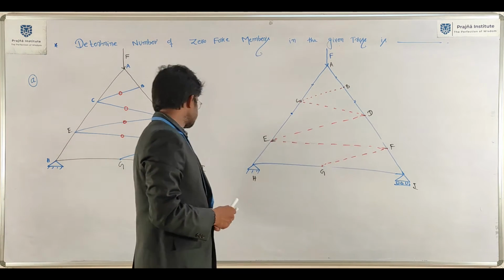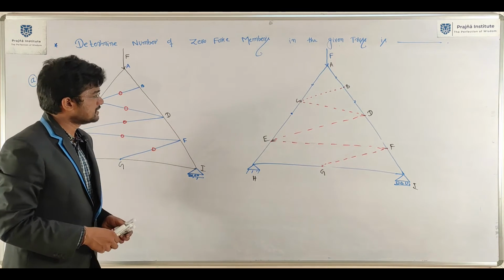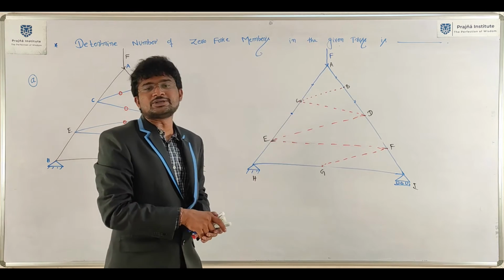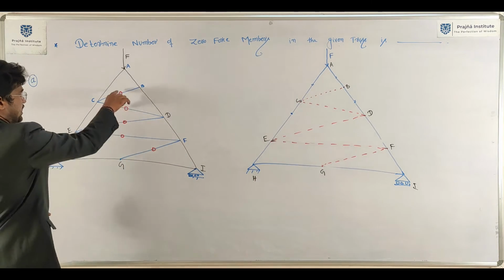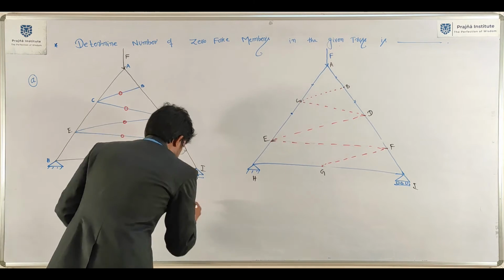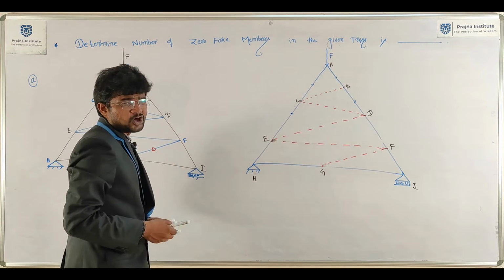How many members here? Tell me. 1, 2, 3, 4, 5. Total 5 members. Number of zero force members equals 5. So it is very simple logic.